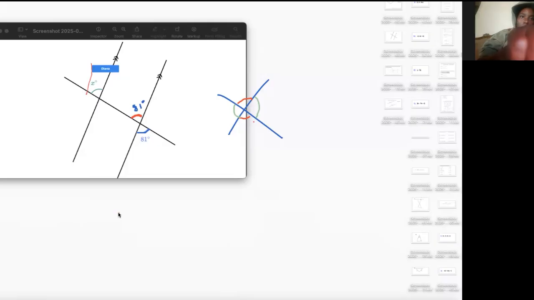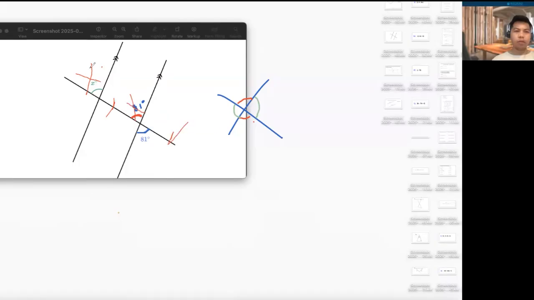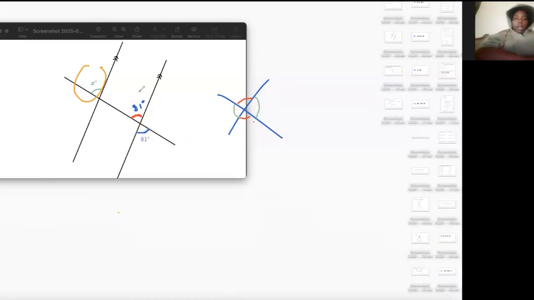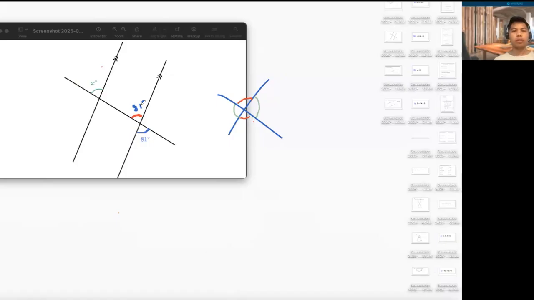Wouldn't this be corresponding with this, and then this would be corresponding with this? That's how it works? You're correct. This is corresponding with this. They are corresponding angles. And how would you try to remember that? Because it's confusing with all those lines. Okay, that's a great question.